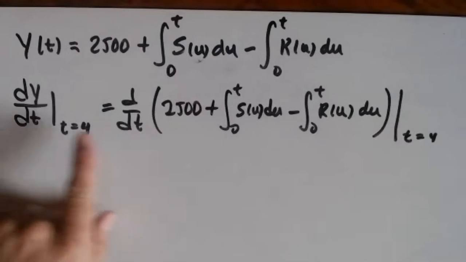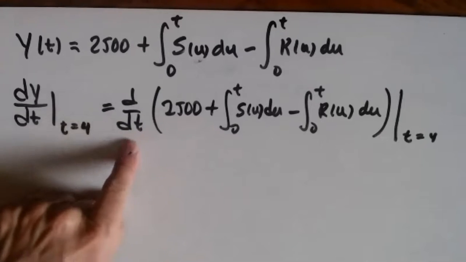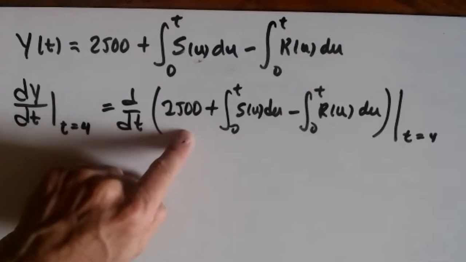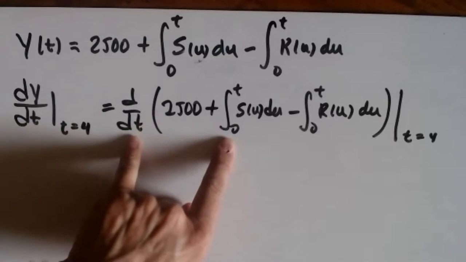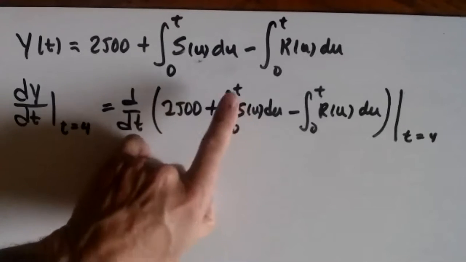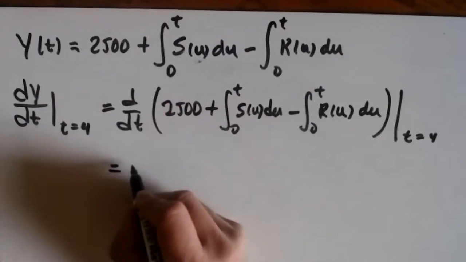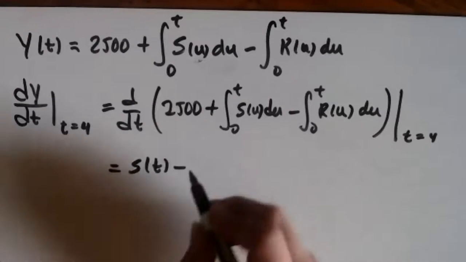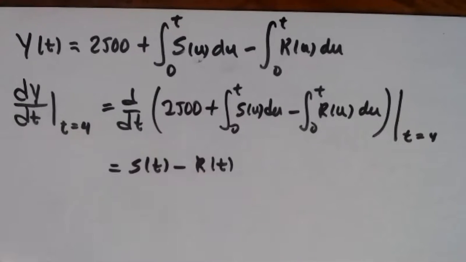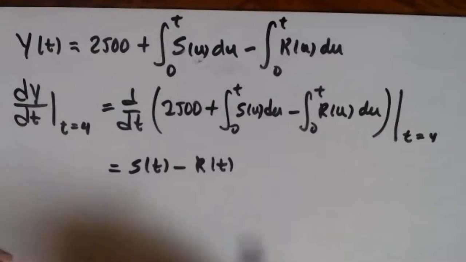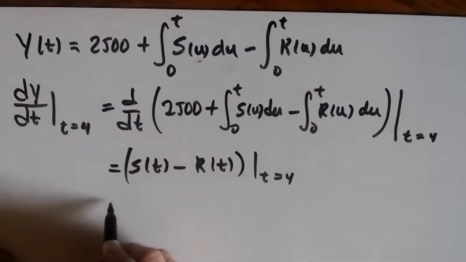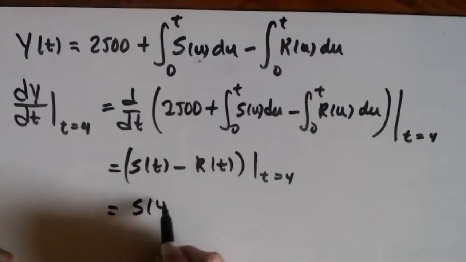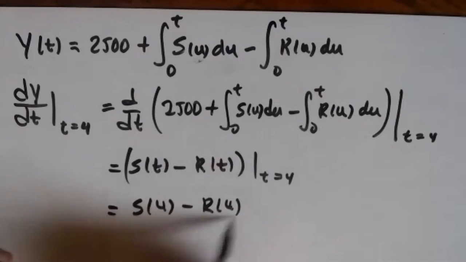Now, basic calculus. The derivative of a constant is 0. The derivative of each integral uses the fundamental theorem, so the derivative and the integral cancel, and then you evaluate the function at t. So this is going to be S of t minus R of t. Now you have to evaluate at t equals 4, so this is going to be S of 4 minus R of 4.